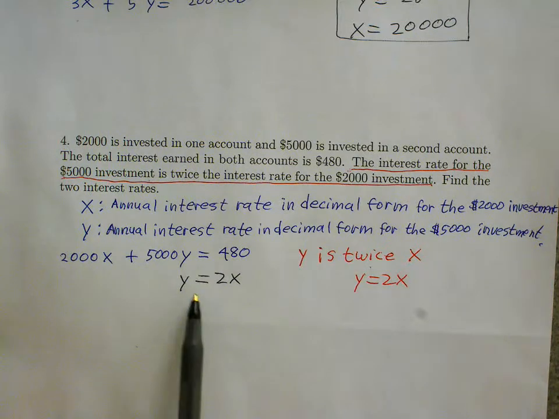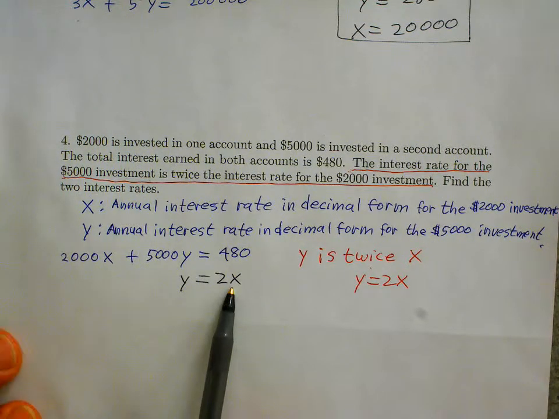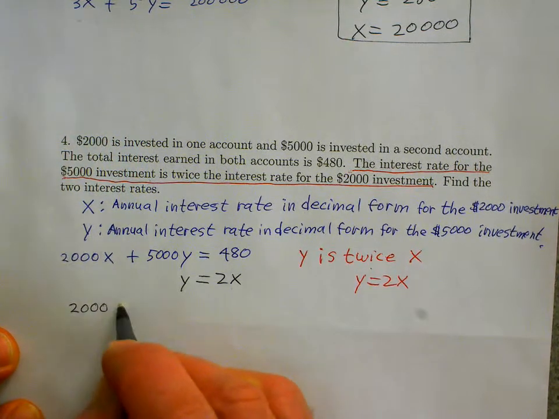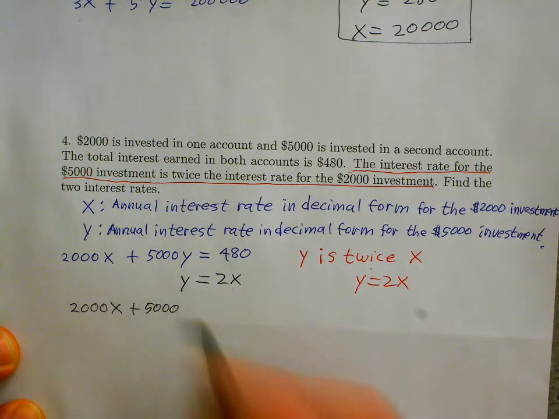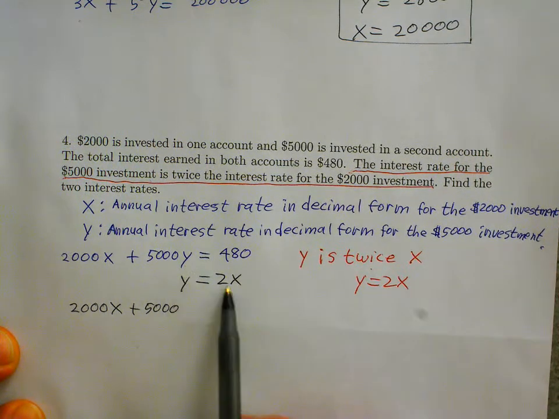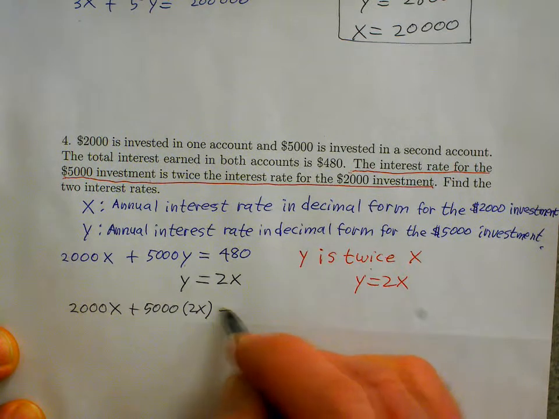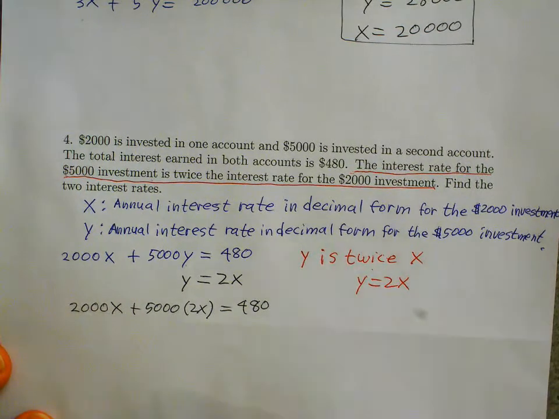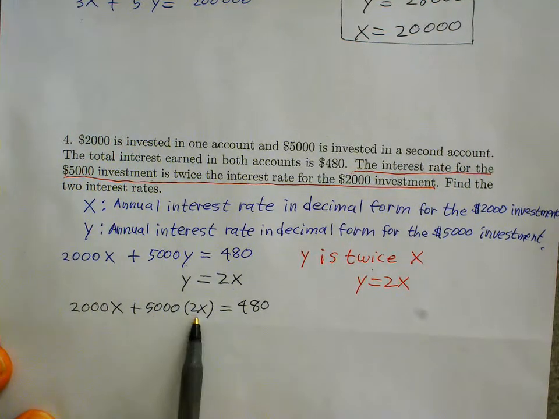So we can just use substitution since Y equals 2x. In the top equation, I'll rewrite 2,000x plus 5,000, and we're going to replace Y with 2x. So 5,000 times 2x equals 480. I have to multiply 5,000 times 2x first.